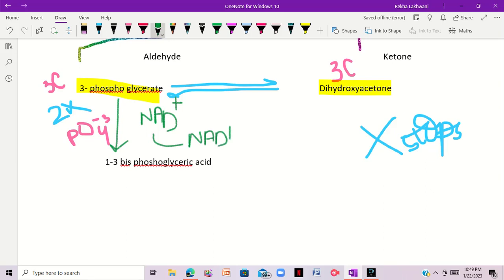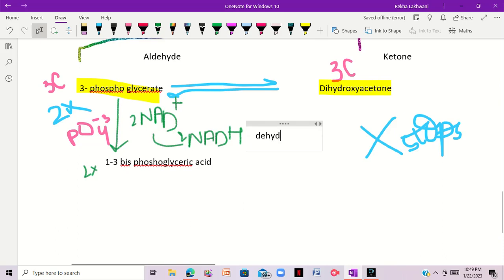So as I said, there are two molecules of this, so here will be two, here also two. So here 3-phosphoglycerate is converted to 1,3-bisphosphoglyceric acid, and two NAD are converted into NADH, and one phosphate also attached. And here the enzyme utilized is known as dehydrogenase.